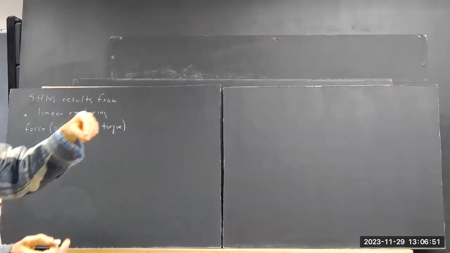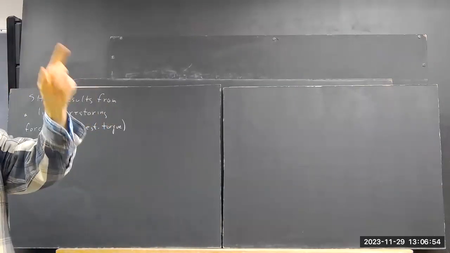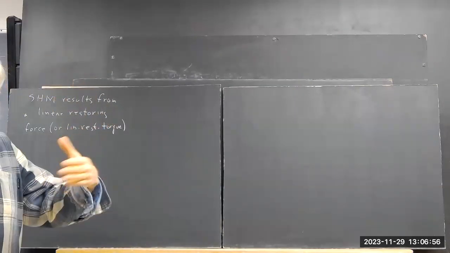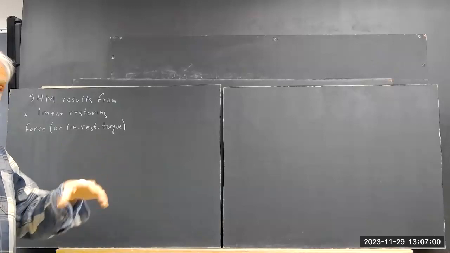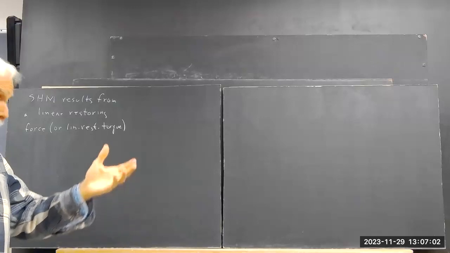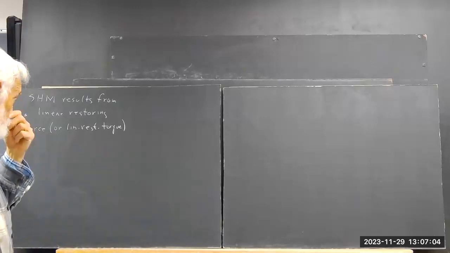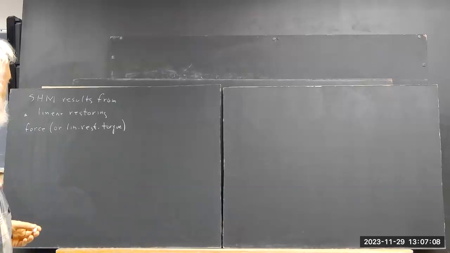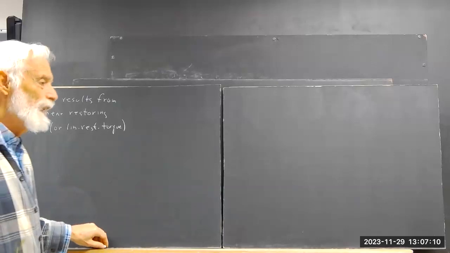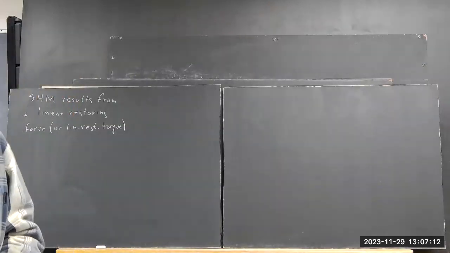So you can have then a simple harmonic motion. These beams do undergo a simple harmonic motion also spontaneously because they're a little unbalanced. We'll take a look at that. So you basically have a few examples of simple harmonic motion.